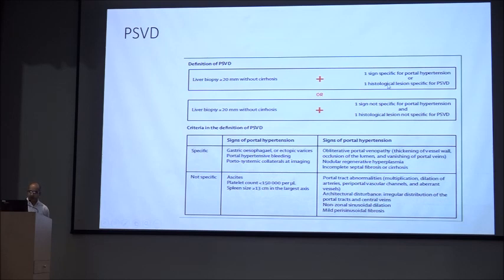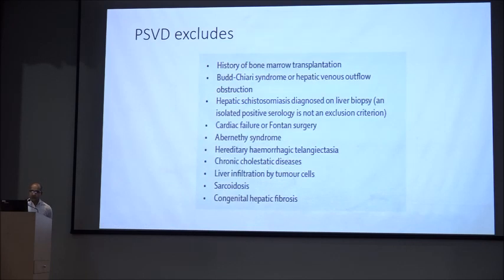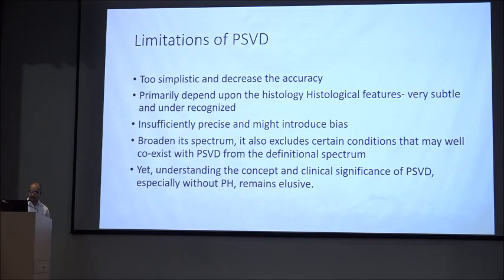I'll not enumerate them because the major things we have already discussed in the cases. Now PSVD also excludes certain entities which can show the histological features of PSVD classically. It is also not devoid of limitations.